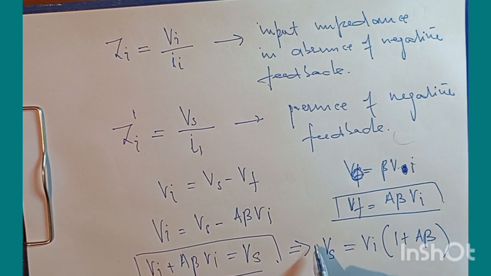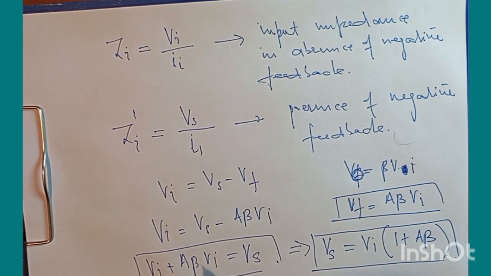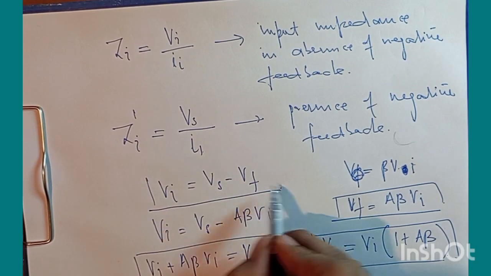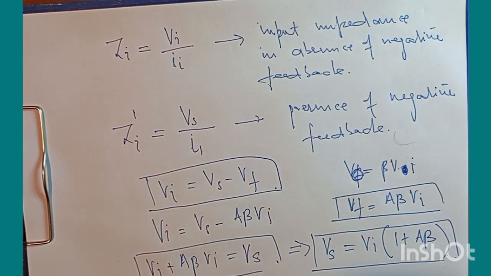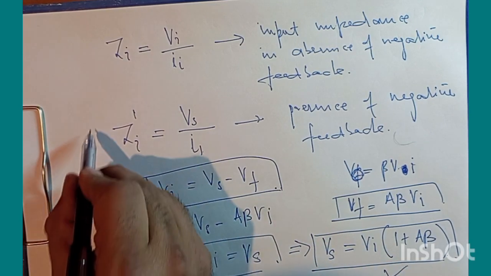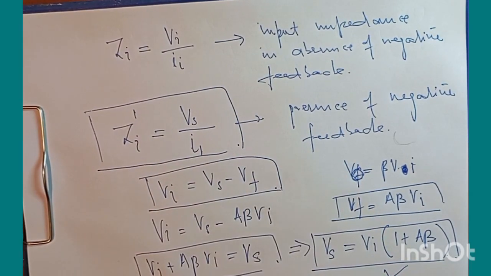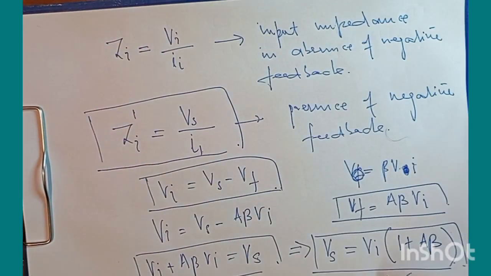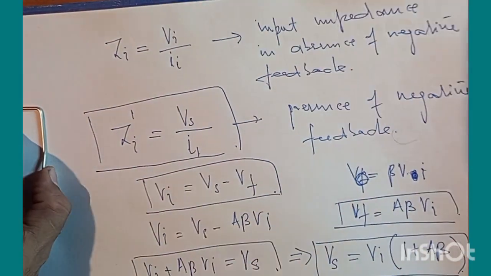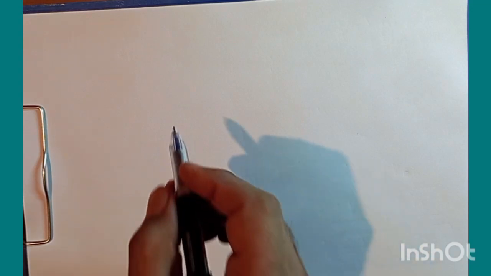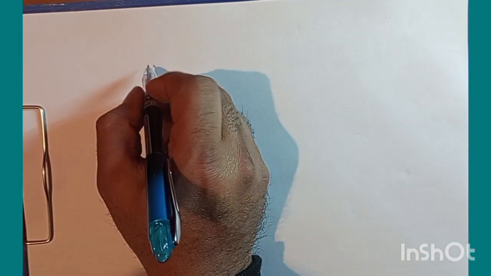Now this is my Vs, which I have obtained from this equation, and I can make use of this Vs in Zi dash. So let's do that and see what result we obtain.